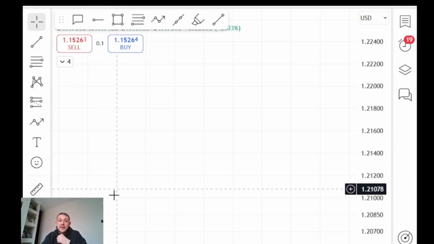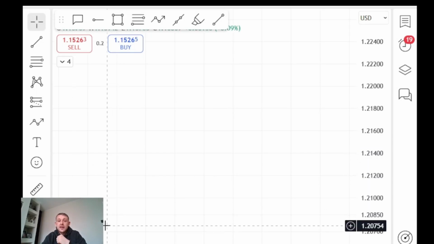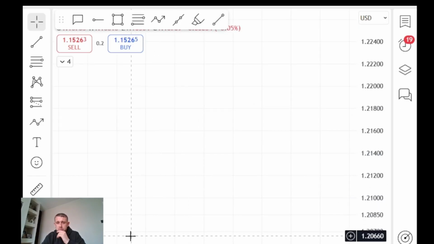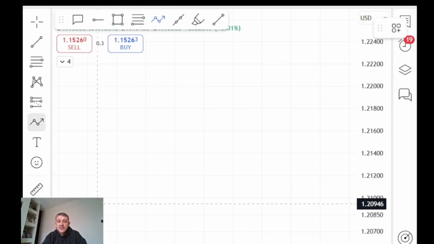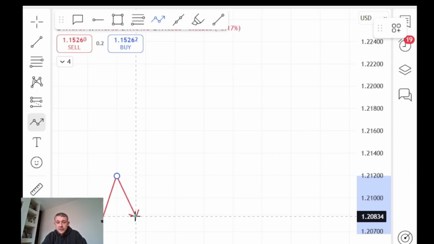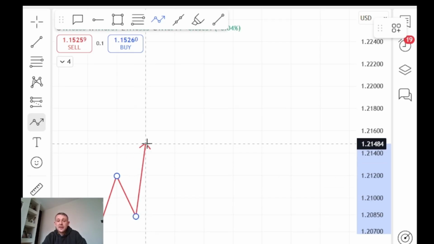A bullish market is when price is moving in an upwards direction, and that's when the buyers are in control. In a bullish market, price forms higher highs and higher lows. And that simply means each time price pushes up and makes a new high, the next time it does that, the next high is higher than the previous high.